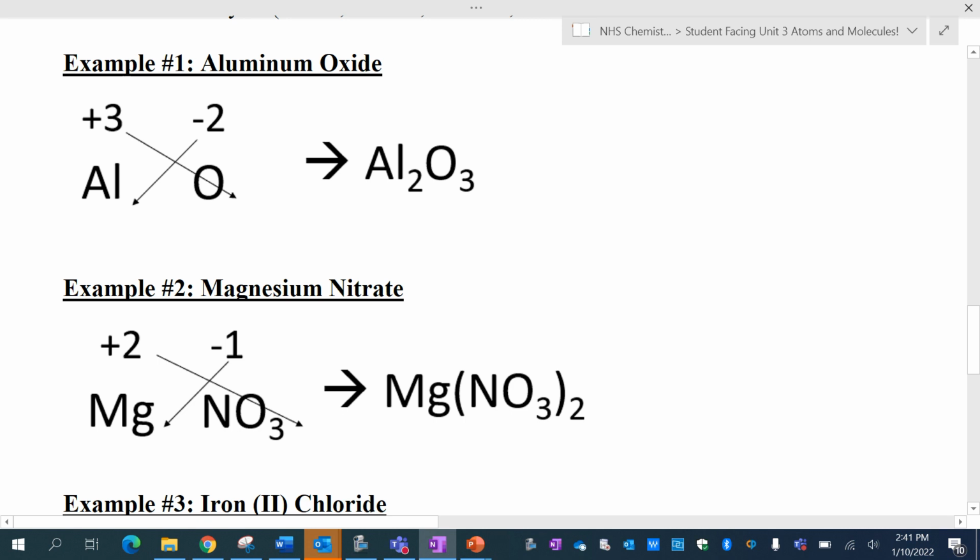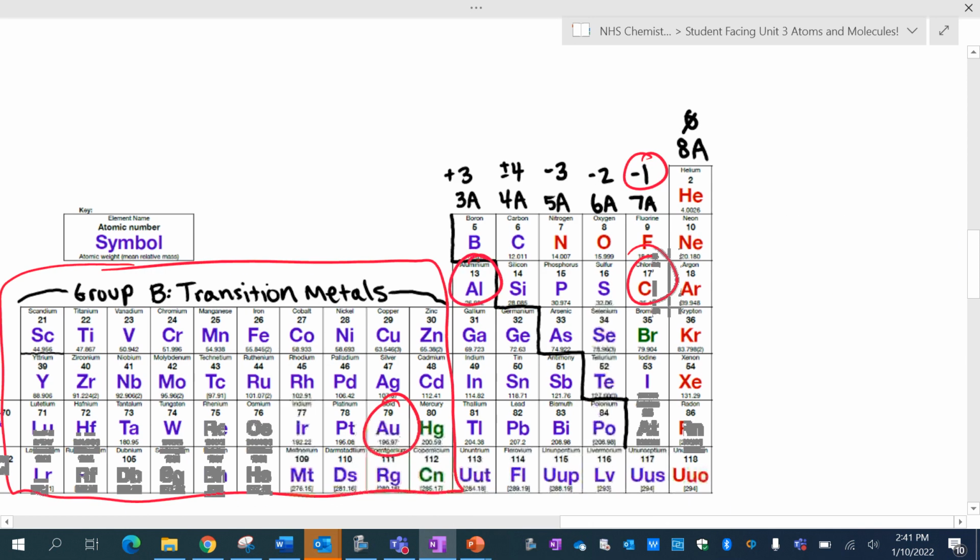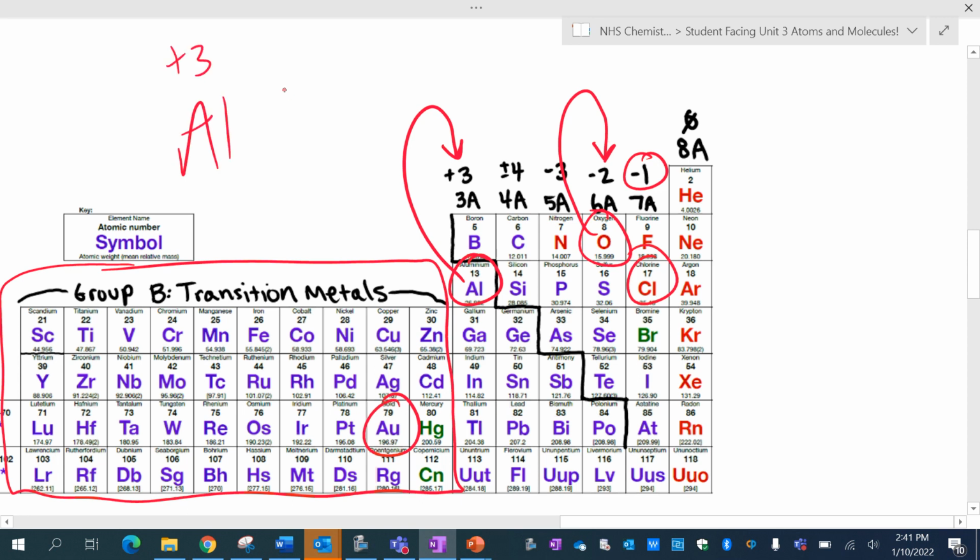Aluminum oxide. Aluminum's got a +3 charge. To find that, you look on the periodic table and you look at the charge above it. Oxygen's right here, you look at the charge above it. So Al +3, O is -2, crisscross just the numbers, and we get Al2O3.